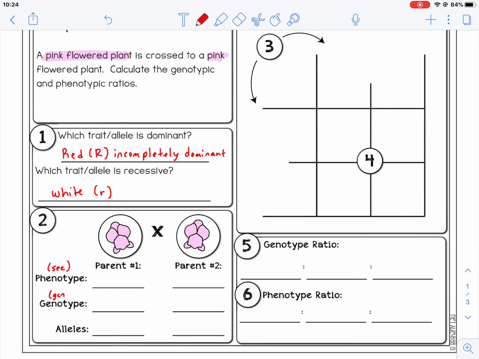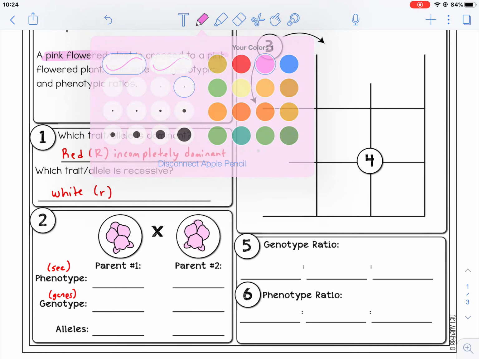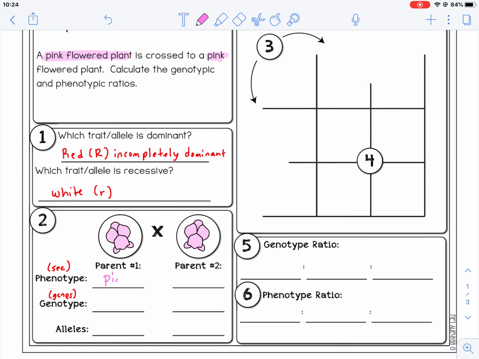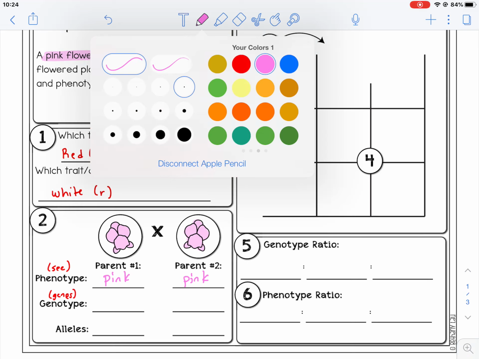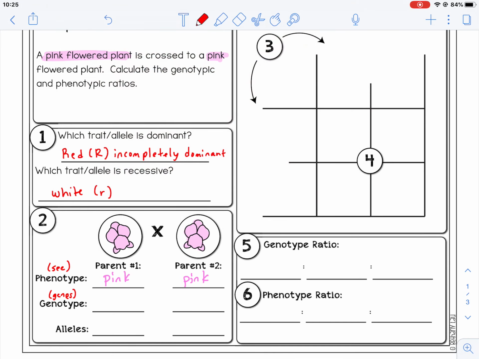The genotype is the genes. So what do we see? Well, we see pink for both of them. And how do we get pink? Well, we get pink because the underlying genotype has one big R and one little r.